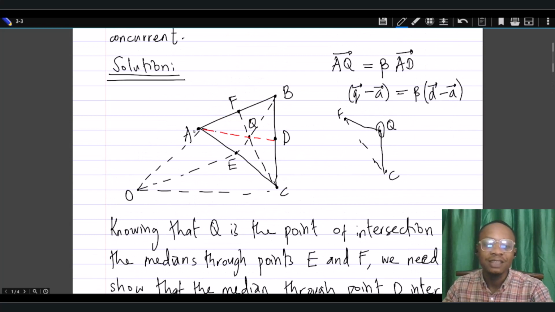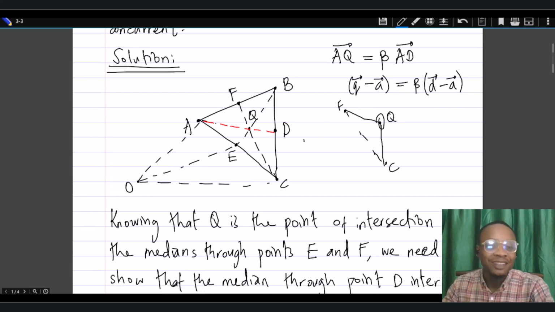So we have seen that AQ, this length from here to here, is 2 over 3 of the total length. And that means this length from here to here is 1 over 3 of the total length of this median. And similarly, the length from B to Q is also 2 over 3 of the total length from B to E. And just as this one, the length from C to Q is 2 over 3 of the total length from C to F. Okay, so that's an interesting result.